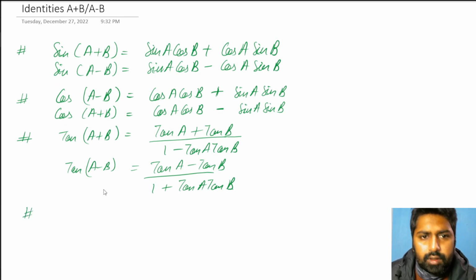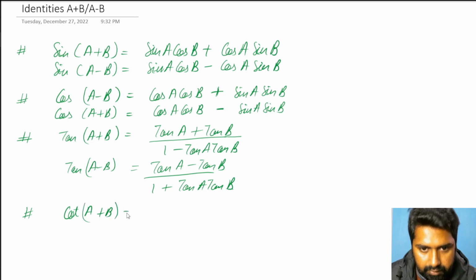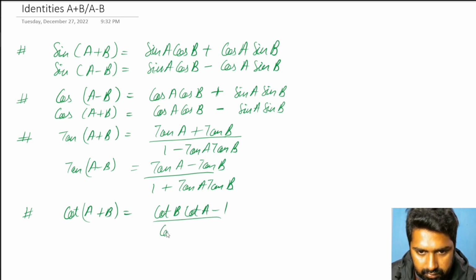Last, see, most important are these three. Cot is very specific and will be used in very specific questions, very rare. So these three are must: sine, cos and tan. For cot the questions are very rare and the identity is also very typical here. Cot a plus b is cot b cot a minus 1 upon cot b plus cot a.